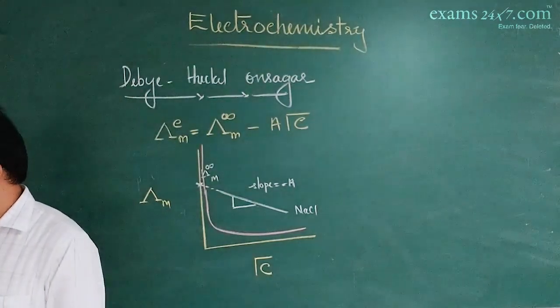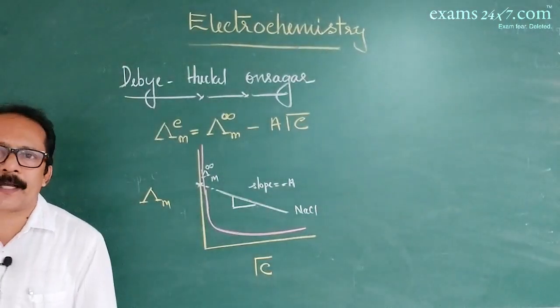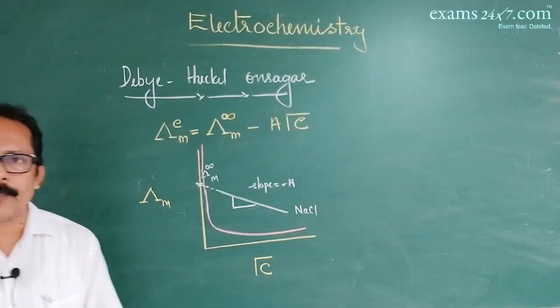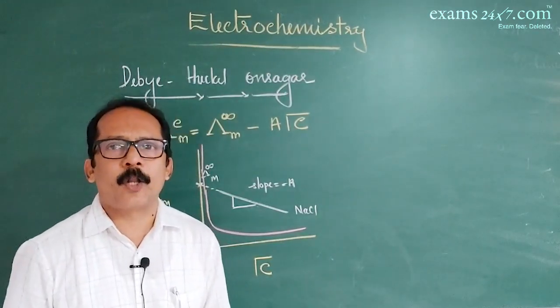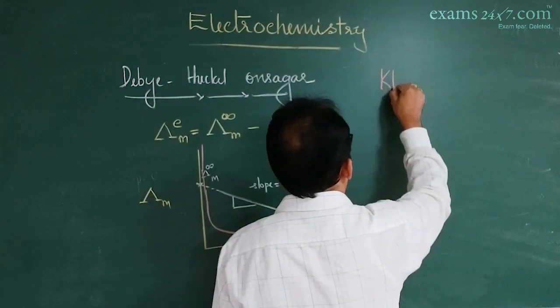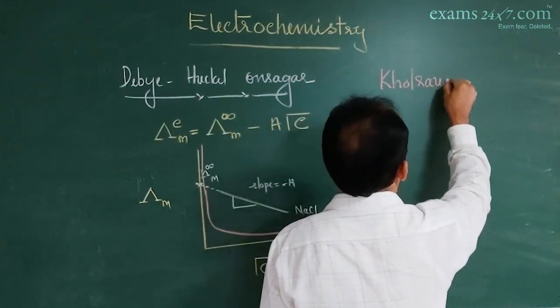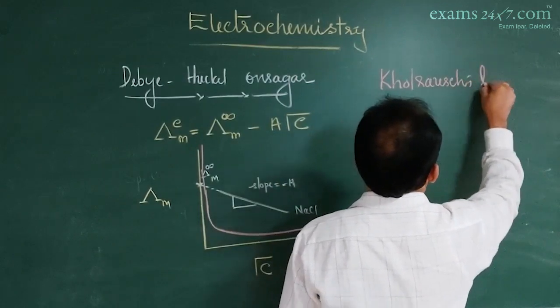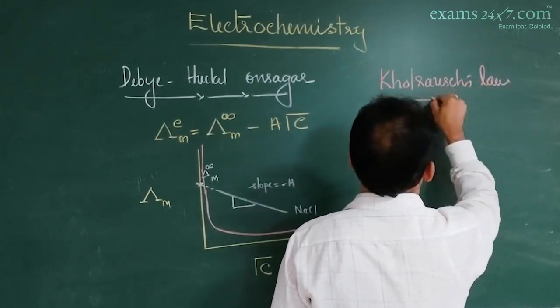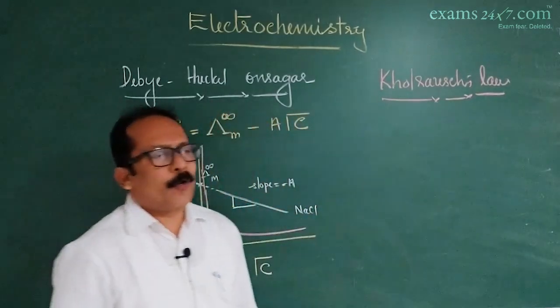In order to overcome the demerits of the Debye-Huckel-Onsager equation, one more law is given, called Kohlrausch's law. So what is Kohlrausch's law?